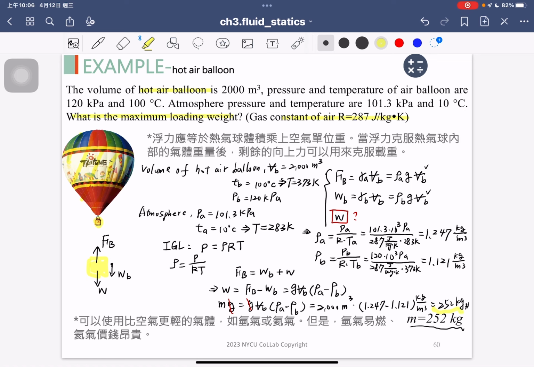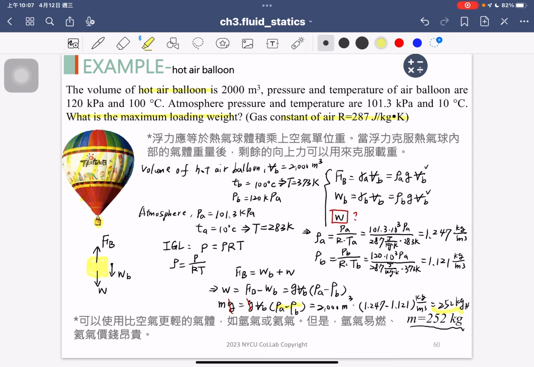So maybe one person is around 40 to 70 kg, so you can consider how many people you can support on the balloon under this system. In other words, the most important key knowledge is the density difference. If you can design the system with a larger density difference, you can support more people.